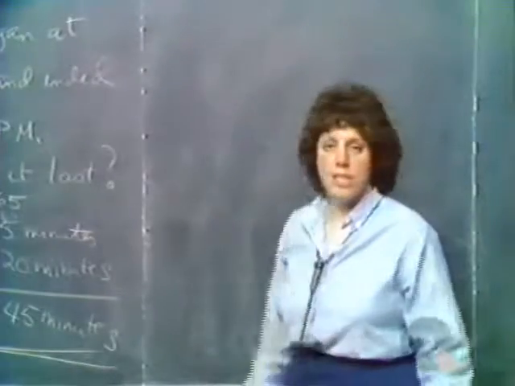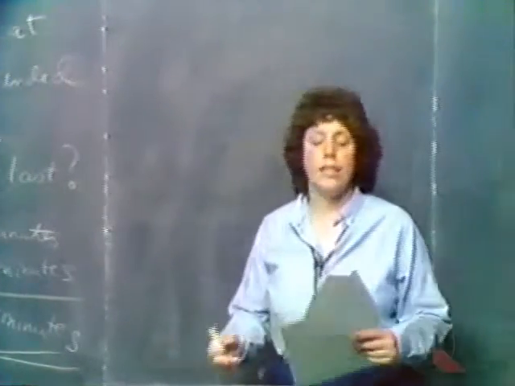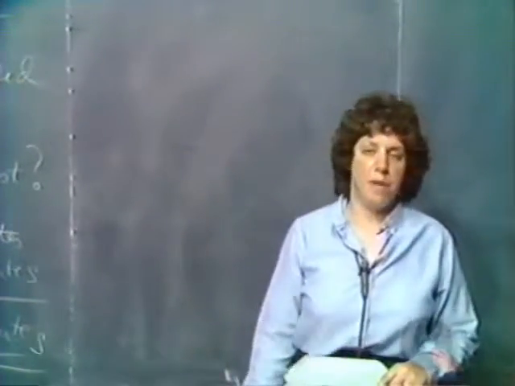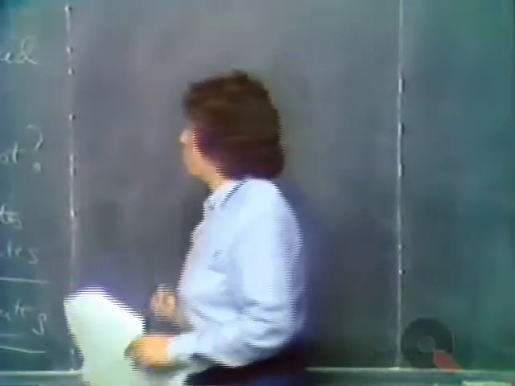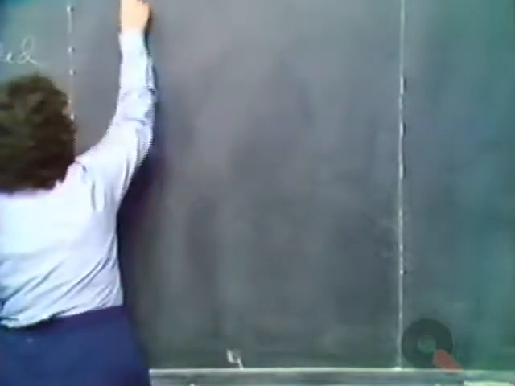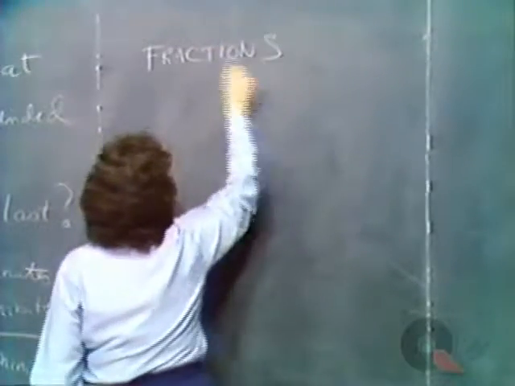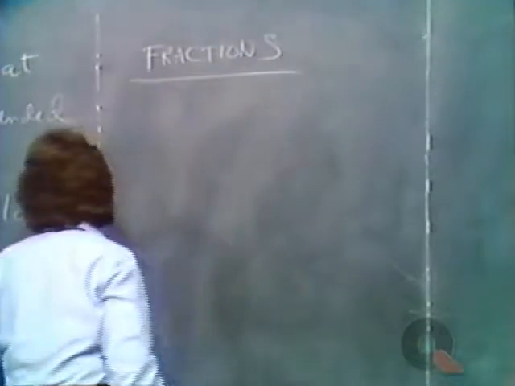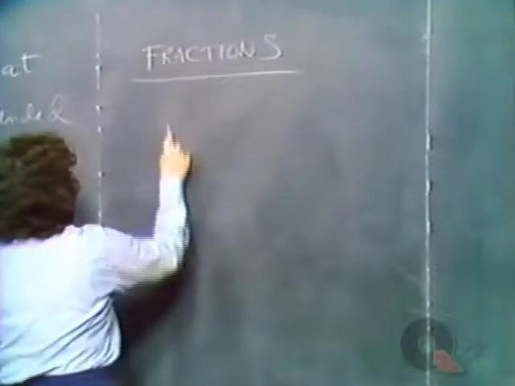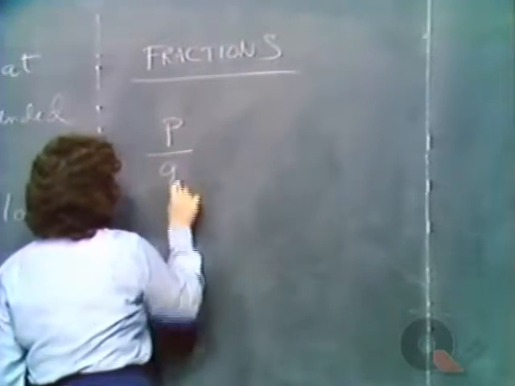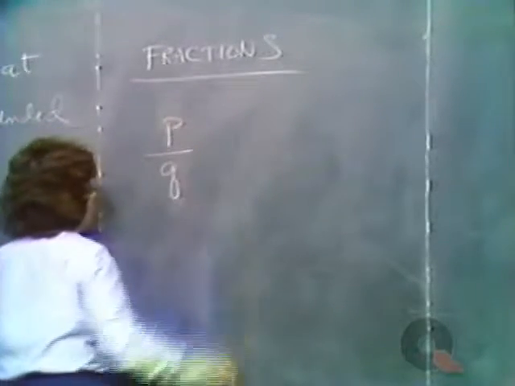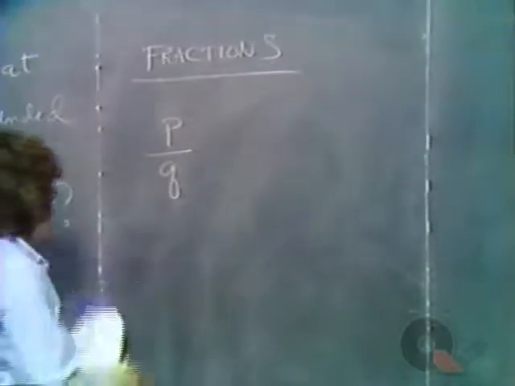Usually on the CUNY assessment test, you are asked to add and subtract fractions that have different denominators. Let's go over some work with fractions before we actually get into this. Okay, I assume you're all aware of the fact that a fraction is a number that can be written as a quotient of two integers, one whole number over the other.